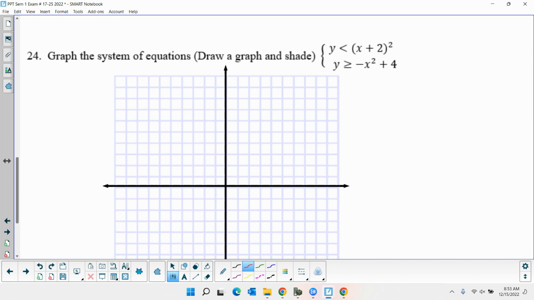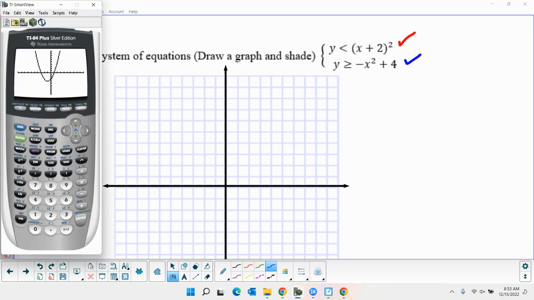Graph. All right, so just put that. We'll make this one red, and we'll make this one blue. I'll just put it in my calculator. I go to my Y equals and put (X plus 2) squared.